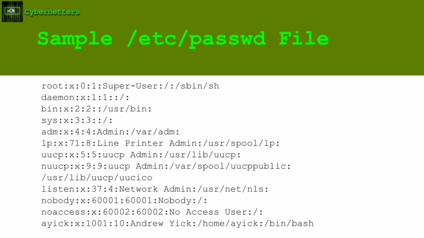The lp account handles the printing services. Nobody is a restricted user with no permissions, and then there is a regular user with a home directory and /bin/bash as the shell. Just notice how the password field is always X. That means real passwords are stored securely in /etc/shadow.